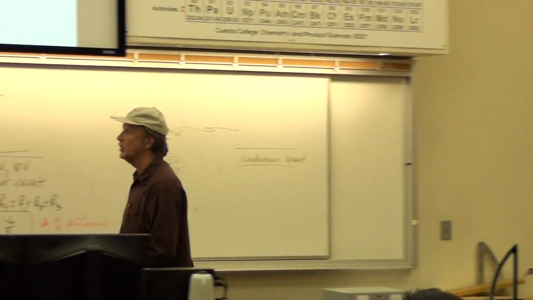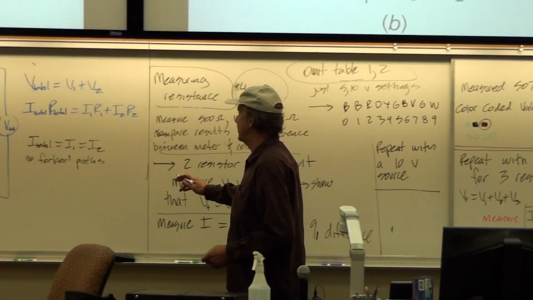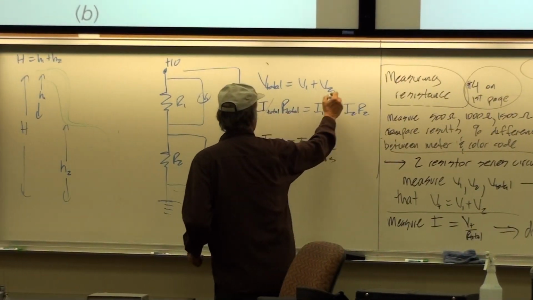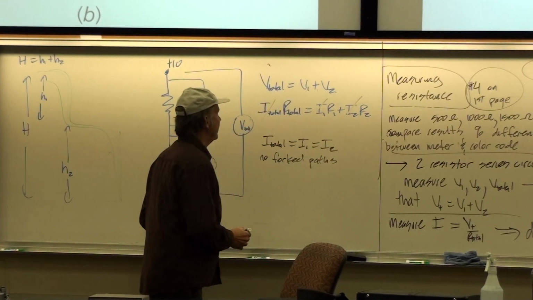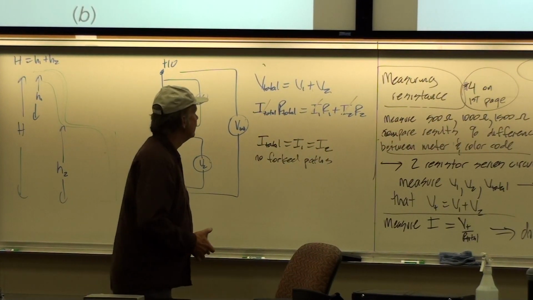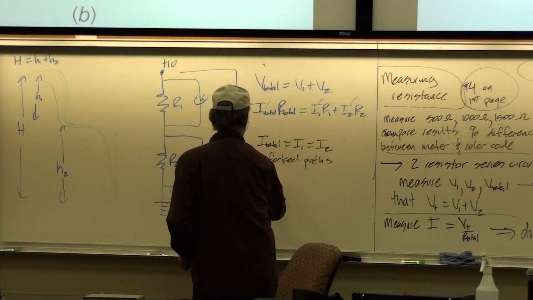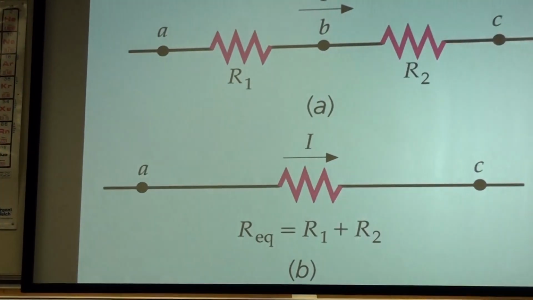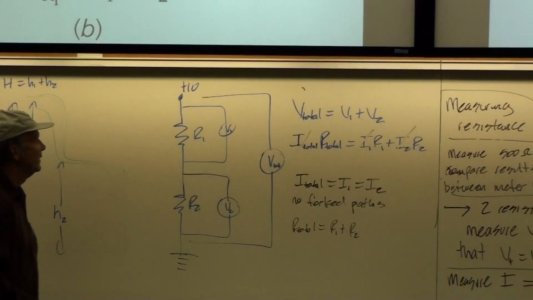Similarly here, the amount of charge in has to equal the amount of charge out. So therefore, these are all equal and can cancel out. And so that gives us a simple relationship for the total resistance. R total is just equal to R1 plus R2. If you had 3 resistors, it would be plus R3.